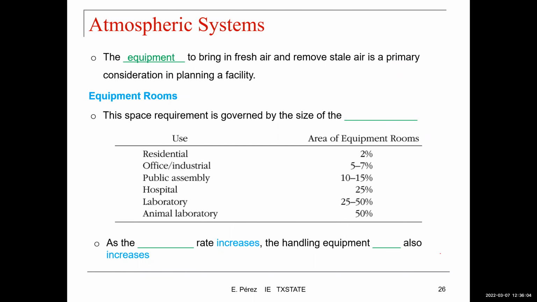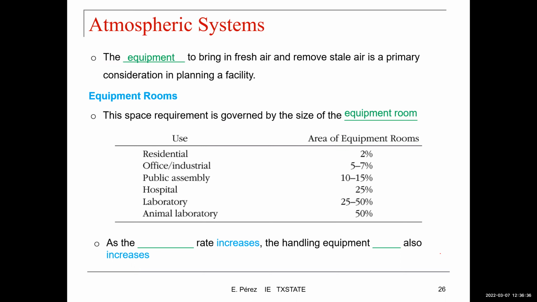The equipment to bring in the fresh air and remove stale air is a primary consideration in planning a facility. So we have to plan for at least a space in which this equipment is going to be located. For those reasons, we need to be aware of what will be the requirement, so we know the type of equipment that we will need, and we can plan for that space and location. This space requirement is governed by the size of the equipment room.